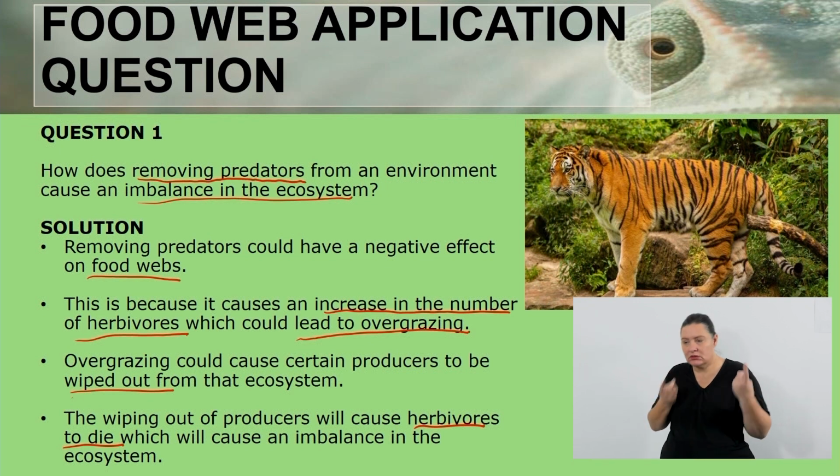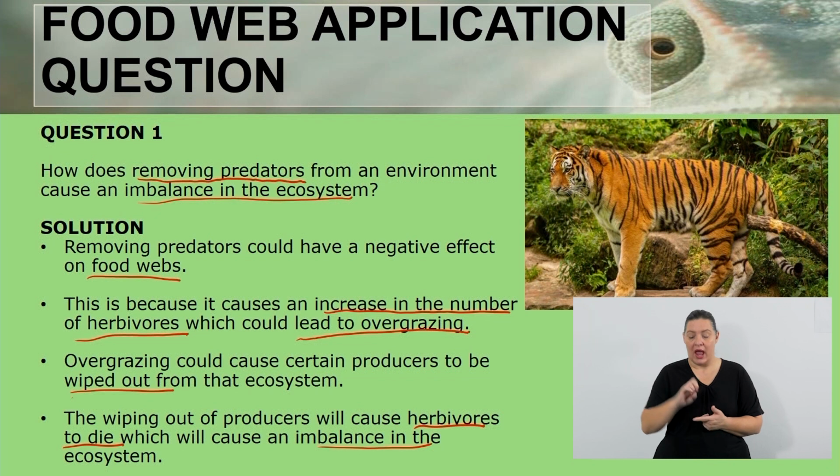Obviously, they have no food to eat now, which causes an imbalance in the ecosystem. So that is how important predators are. If they are there, they are helping in ensuring that the ecosystem stays balanced. We do not have more consumers than necessary, because if they are not there, then we'll have more organisms eating grass. Then we'll have no grass, and these organisms won't have food to eat. That causes an imbalance. I hope that one was clear.